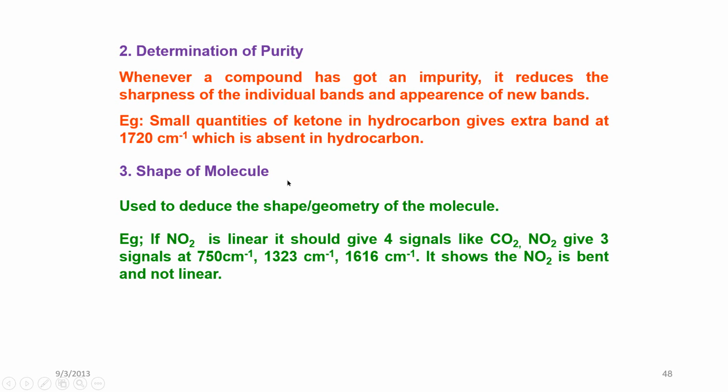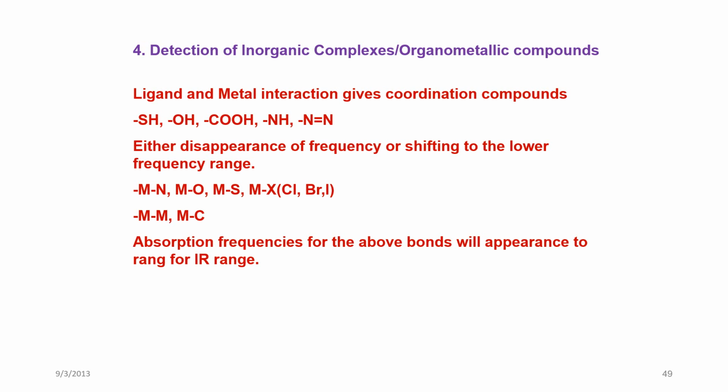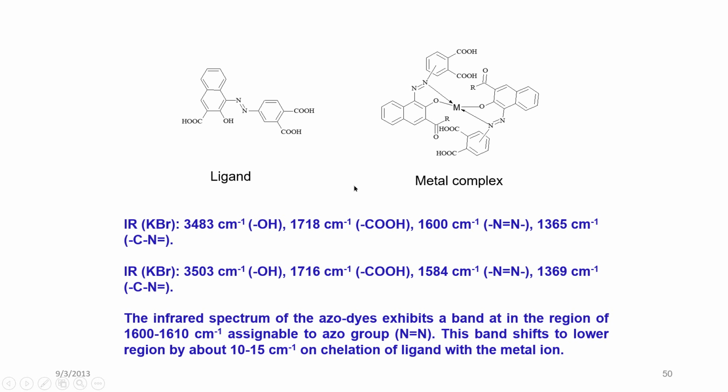The shape of the molecule can be assigned by means of the IR spectra. And it is possible to study the organometallic compounds also by making use of the IR spectra. The absorption frequencies for different molecules will give us an idea regarding the nature of the metal ions present in a molecule.